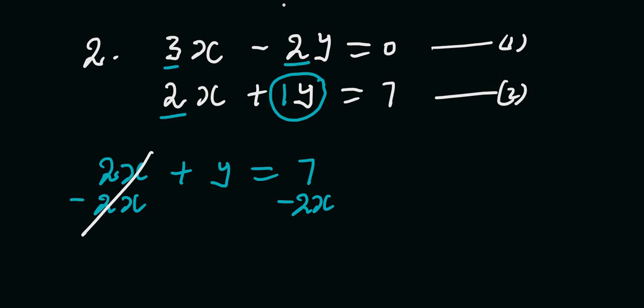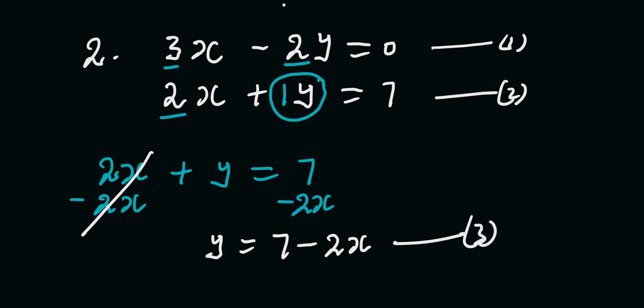So you have just y on the left side. So this will become 7 minus 2x. So you can call this equation 3 and put it on hold because we are coming back to continue with it.